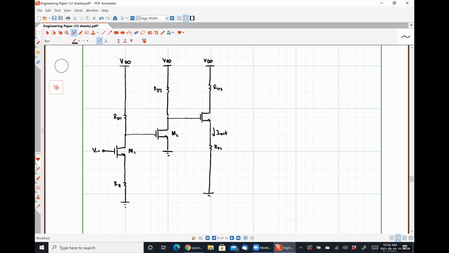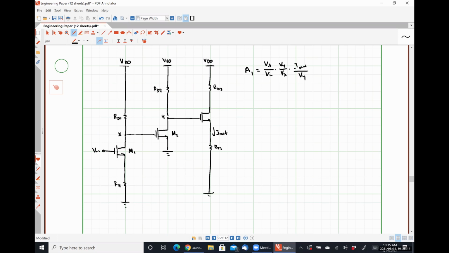So obviously then, if I call this one X and this one Y, my overall open loop voltage gain is going to be Vx over Vn times Vy over Vx times I out over Vy. We're going to have to pay attention to that third stage again, because we're converting that voltage into a current, so we can't simply use the voltage transfer relationship for a degenerated common source amplifier.